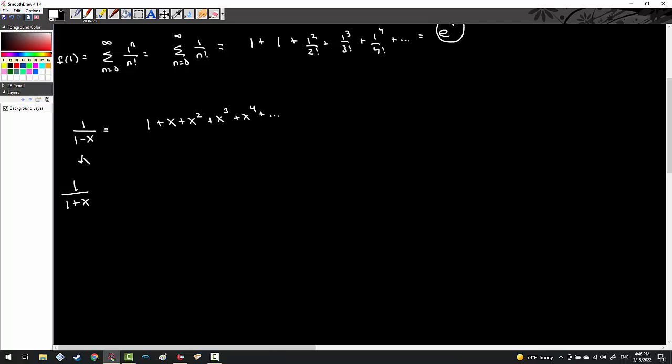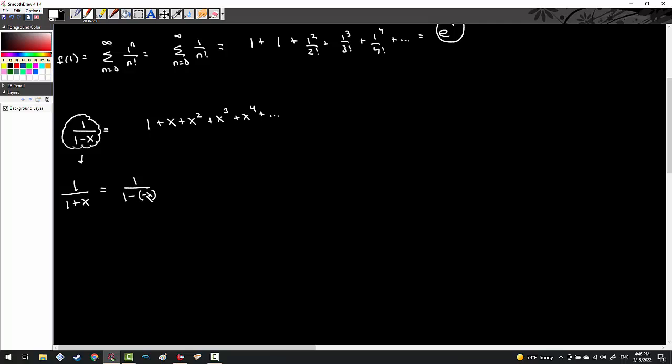The way I'm going to do that is reference it back to my baseline function, 1 over 1 minus x. So how can I create 1 plus x out of this? Well, to make 1 over 1 plus x as much like 1 over 1 minus x as possible, I can call it 1 over 1 minus negative x.